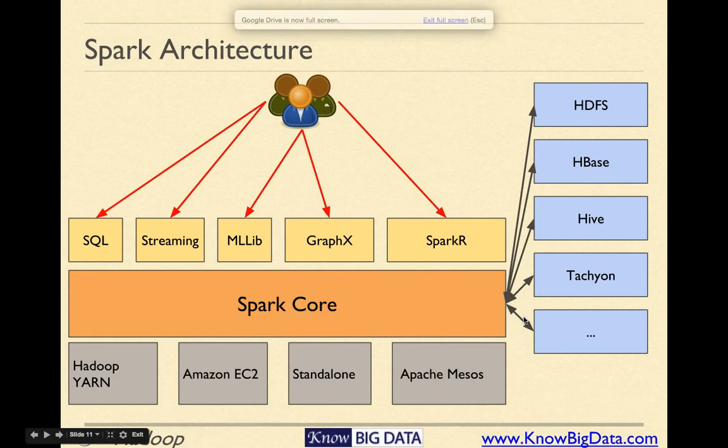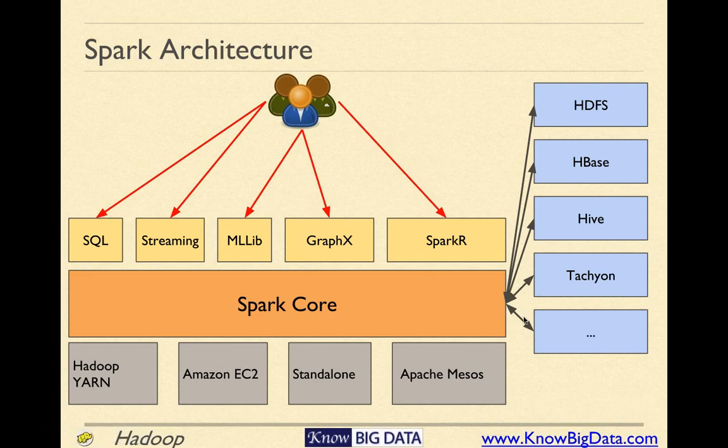All right, so the typical architecture of Spark is like this. Spark can run on Hadoop YARN, EC2, standalone, as well as on Apache Mesos. So Spark utilizes these kinds of resource managers, or you can say distributed operating system kinds of models, where Spark runs on top of any of these.